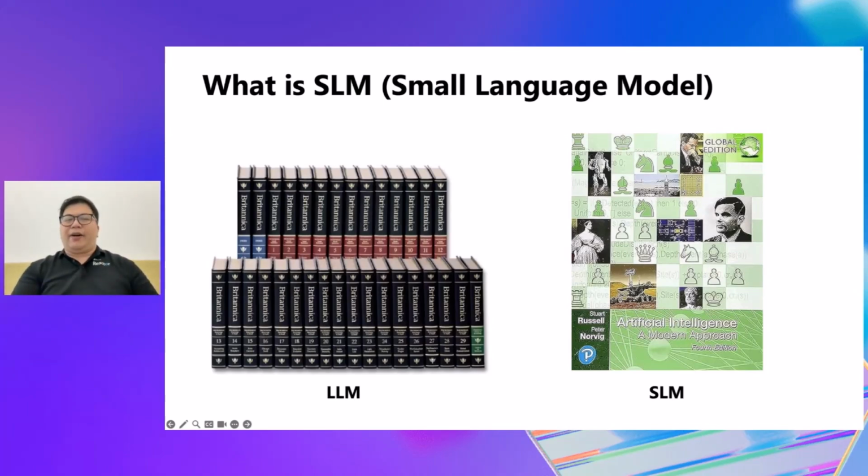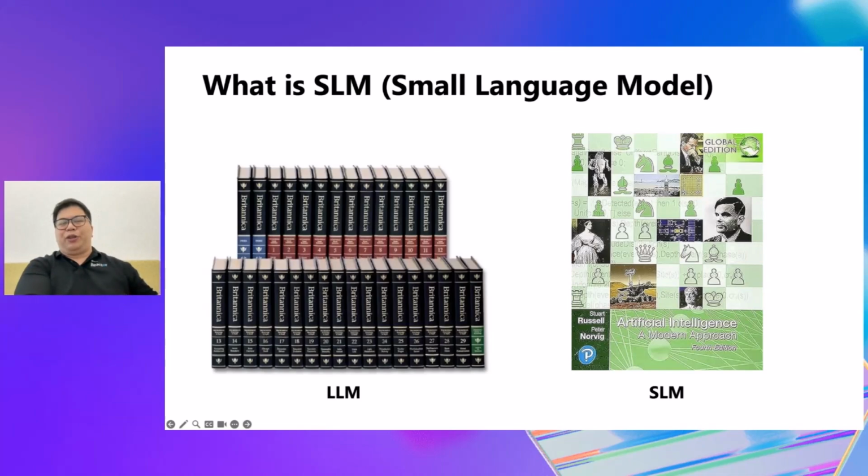But SLM just focuses on one thing, like a book on AI, artificial intelligence, or some single direction. SLM has the skills of a large language model, but it has very little data. So why do we choose SLM?